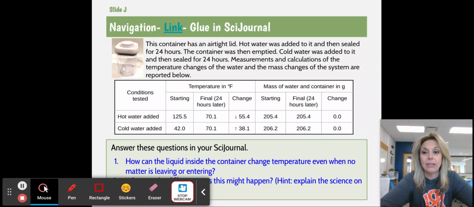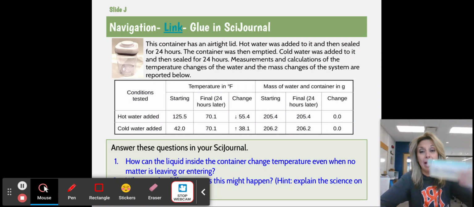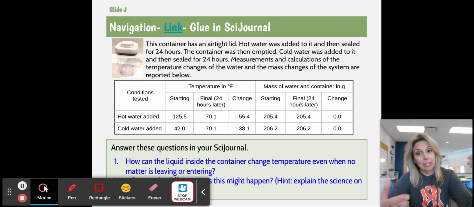So we can see that even though mass didn't change, temperature does. And we learned that when we did our cold water condensation lab, we did see an increase of mass with the cold water because the water collected on the outside of the container and that caused the mass to go up.